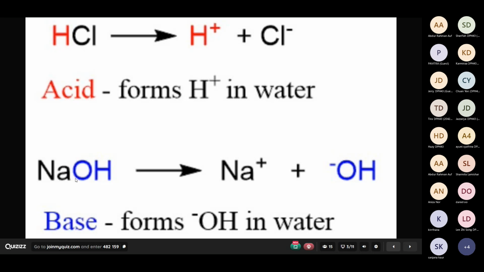It is formed by Na atom dan juga OH hydroxy ion, oxygen dan hydrogen. Bila dia dissociate in water, it produces Na plus ion dan juga OH minus ion. So kalau sesuatu bahan itu menghasilkan OH minus ion, according to Arrhenius, dia adalah sejenis base.